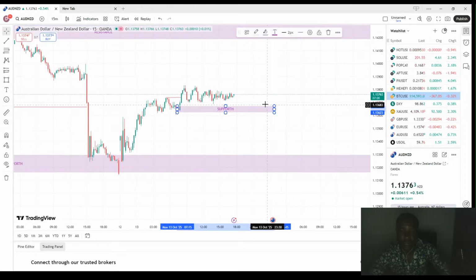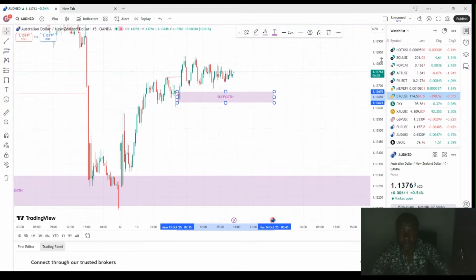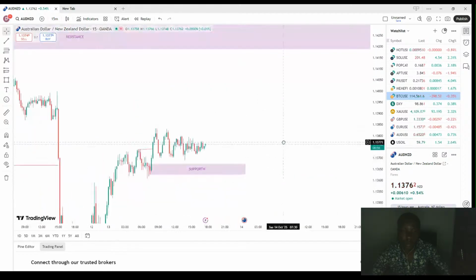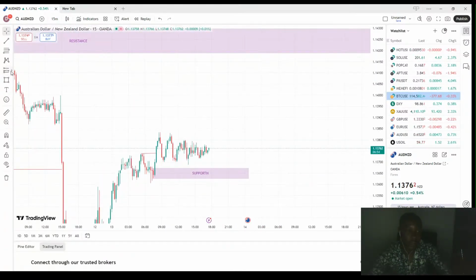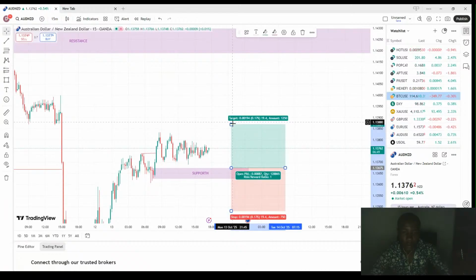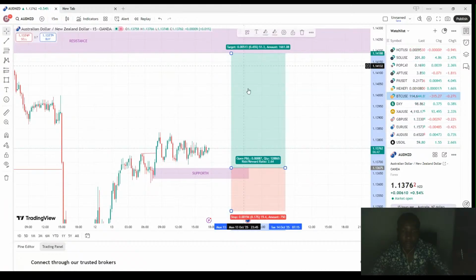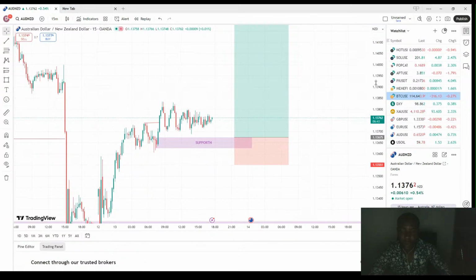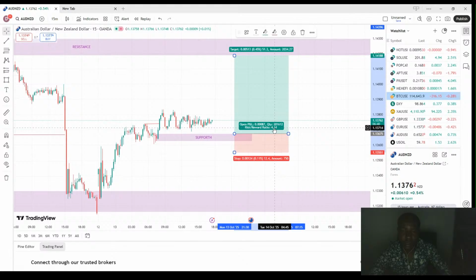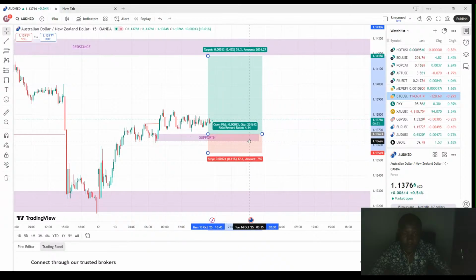So we can set our pending order here to take the market to the upside, to that resistance. And how many risk reward? Four risk to reward. It's a nice one. It's a good trade, giving us a four risk to reward ratio.